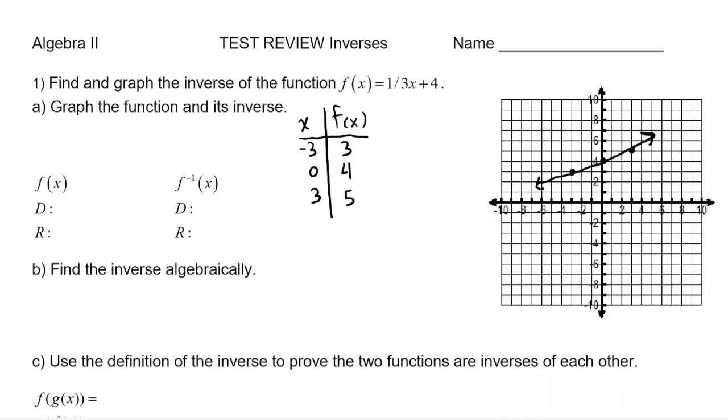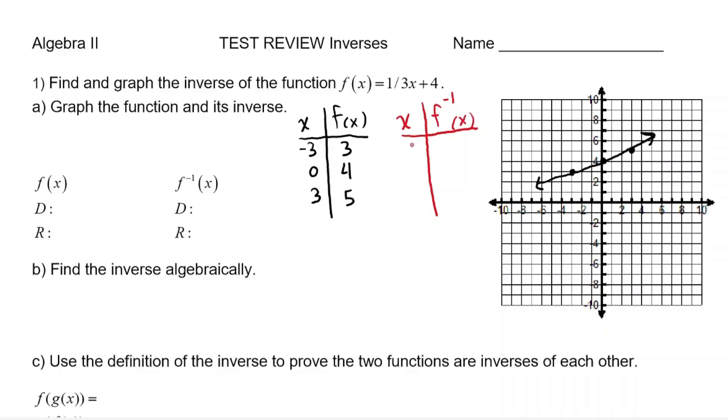All right, well, the inverse function, if we're just looking at a table of values here, the inverse, if it does exist, is going to be the reverse of the x and y coordinates. The symbol for the inverse is this -1 here. Now this is not a power, this is denoting the inverse, so that means f inverse x.